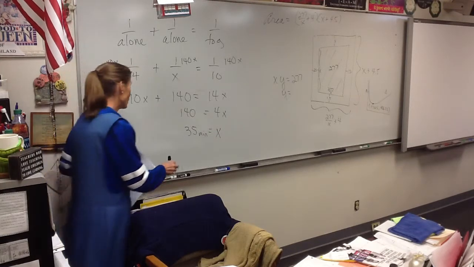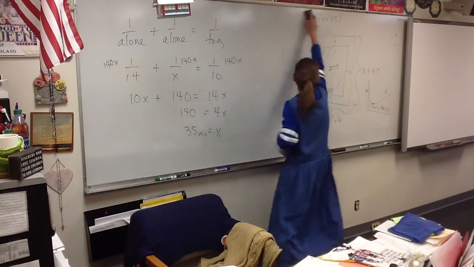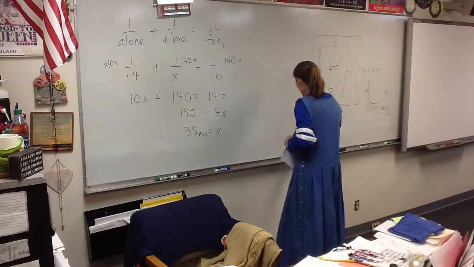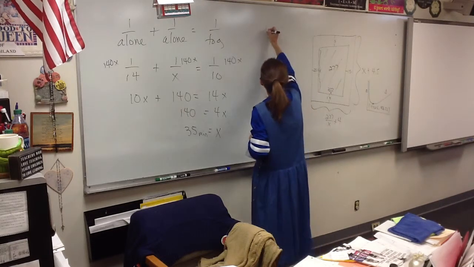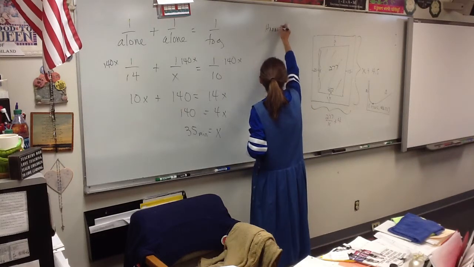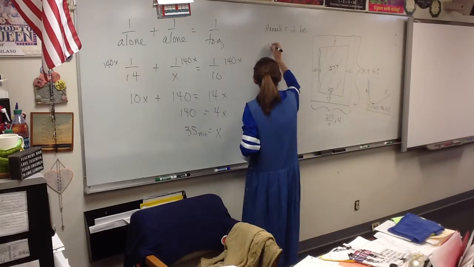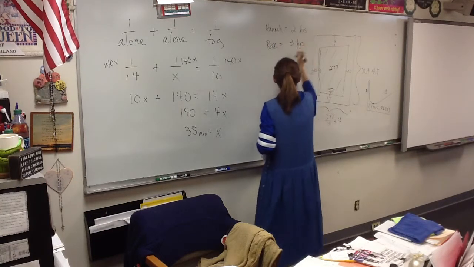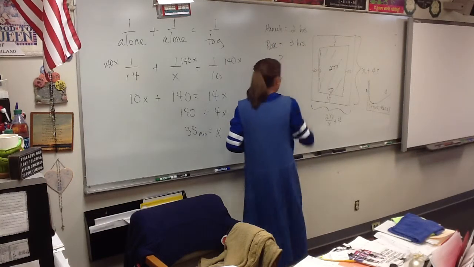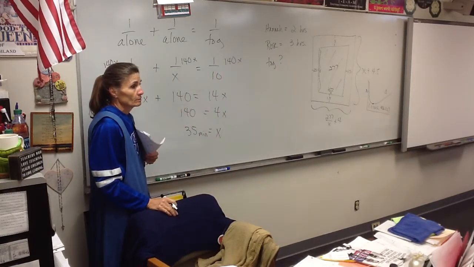Okay, so let's do another quickly, since I thought we'd done these already. Let's say that Hannah can do her homework in 2 hours, and Rose can do her homework in 3 hours. How long does it take them to do it together? Real easy.